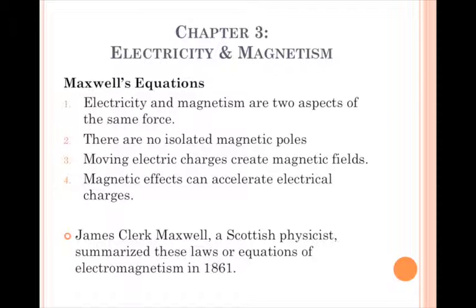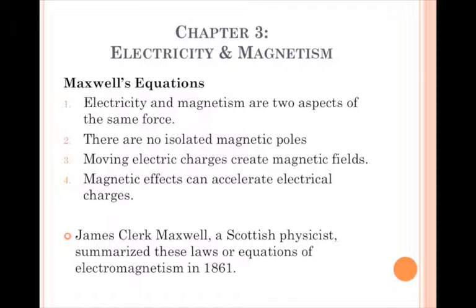And then fourth, Maxwell states that magnetic effects can accelerate electrical charges. So magnetic material can change the electrical current going through a circuit, for example, or a generator. And from Maxwell's equations, we have all of the electrical devices we have today.